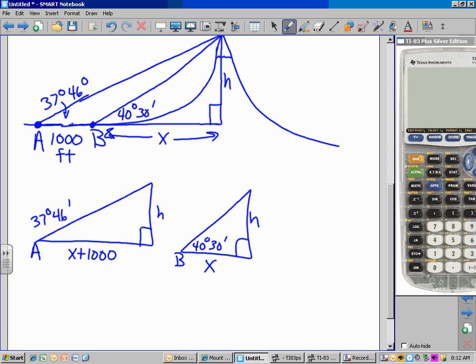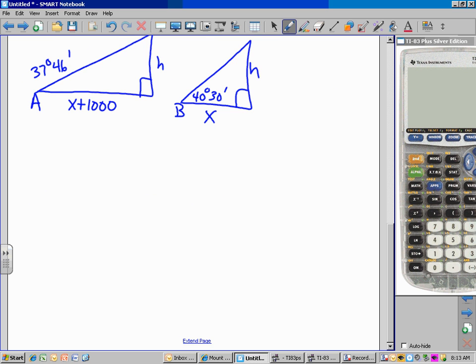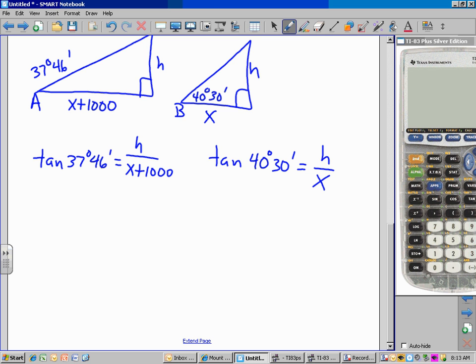So we have a common h. We should be able to solve for h, set them equal to each other, and solve. Looks like we're going to use what trig function in both cases? Tangent, I agree. So tan of 37 degrees, 46 minutes is equal to h over x plus 1,000. Tan of 40 degrees, 30 minutes equals h over x.